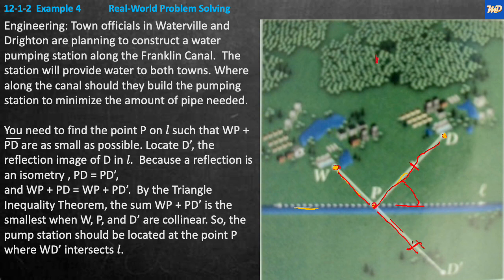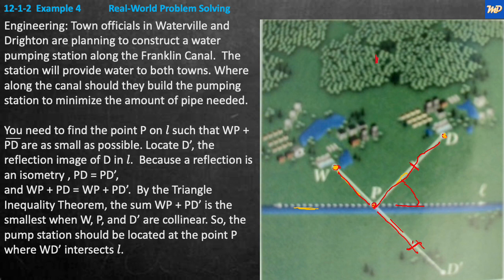So, by the triangle inequality theorem, the sum WP plus PD prime is the smallest when W, P and D prime are collinear. So what they're saying is that these two lines, legs of this triangle, if you will, are the shortest when all those points lie on the same line, when they're all collinear.